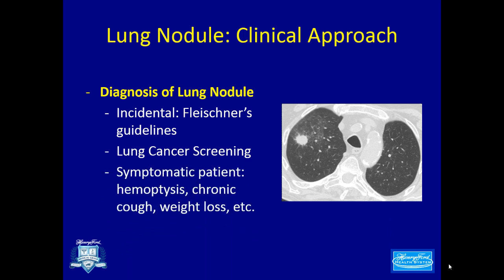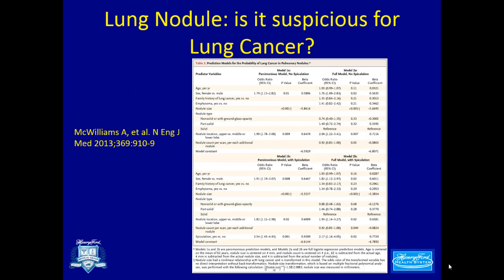Or the patient presented to a primary physician or any other physician with respiratory symptoms that could be consistent with suspicion for lung cancer, like hemoptysis, chronic cough, etc., and they found this nodule. After we see the patient and the images and make the diagnosis of lung nodule, the next question is: is this suspicious enough for lung cancer?